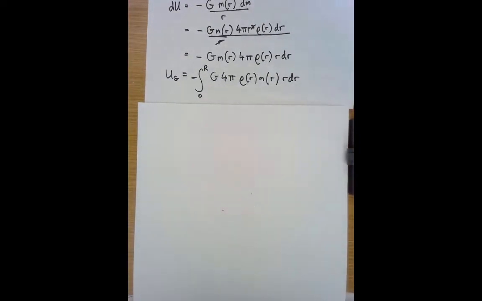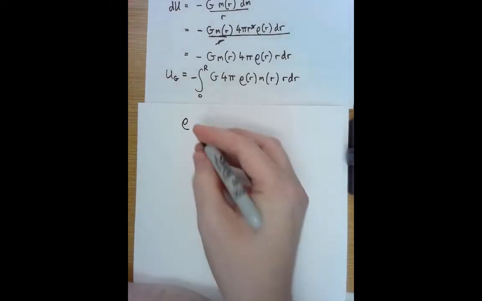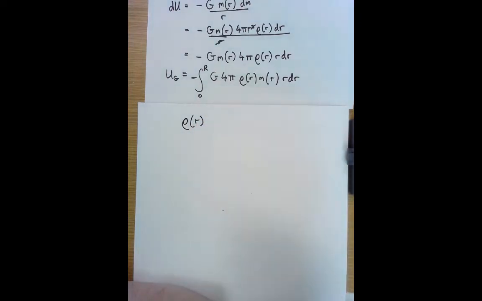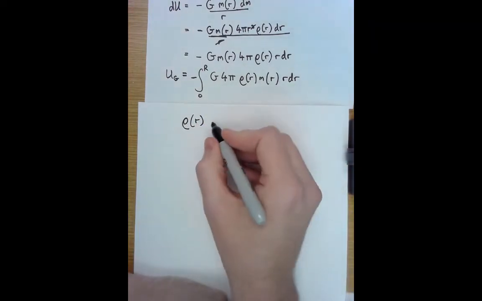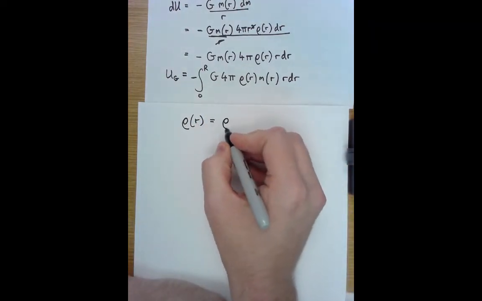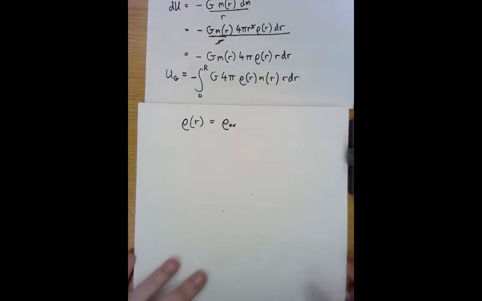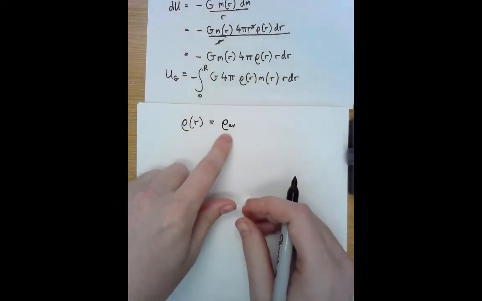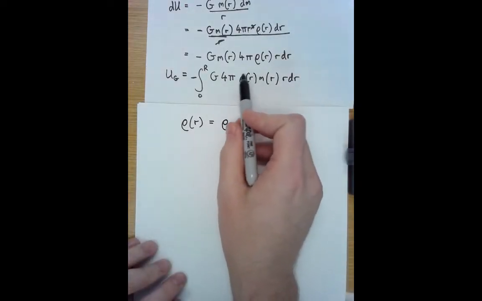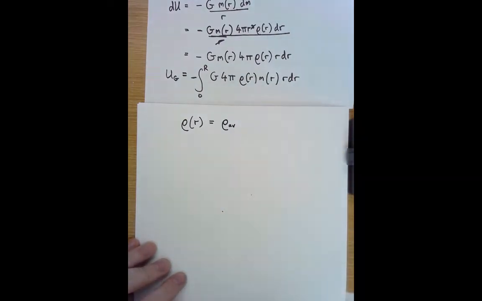And to do that, we can make a drastic assumption, but it's an assumption that is not going to give us an answer that is wrong by more than the order of magnitude. And that is, we can replace the density by some average value of the density, some constant value of the density throughout, some representative value. So we can take it to be a constant, and that means we can pull this outside of the integral.